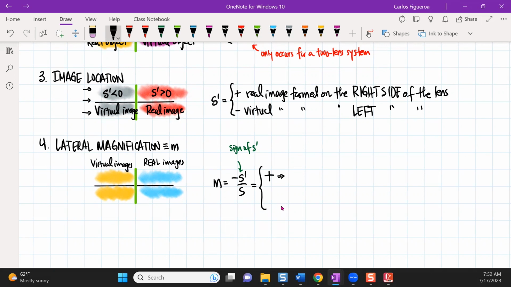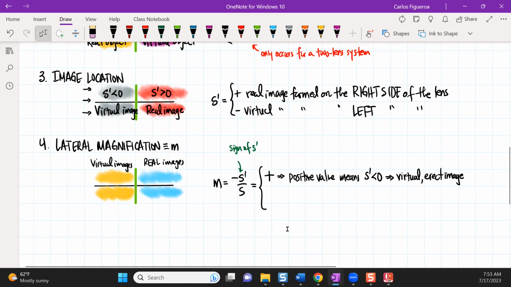So this implies that a positive value means S prime is negative. So therefore, if the image is negative, that means that the image must be virtual and an erect image. In other words, in this location here, that magnification is positive.